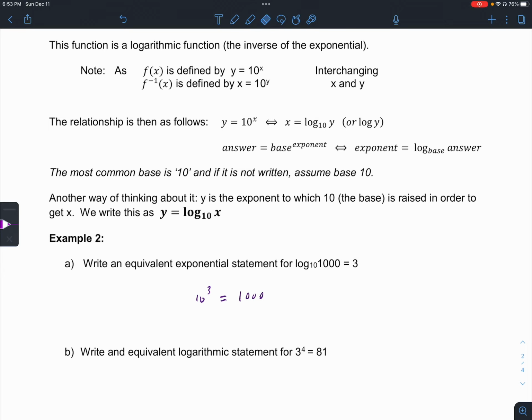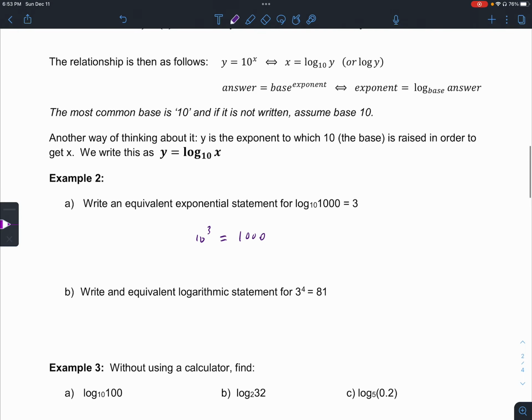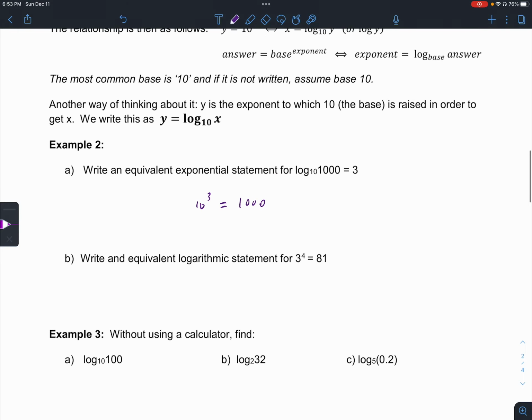Okay, so that's going from logarithmic form to exponential form. Now, let's try going from exponential form to logarithmic form. So we want to write an equivalent logarithmic statement for 3 to the exponent of 4 is equal to 81.